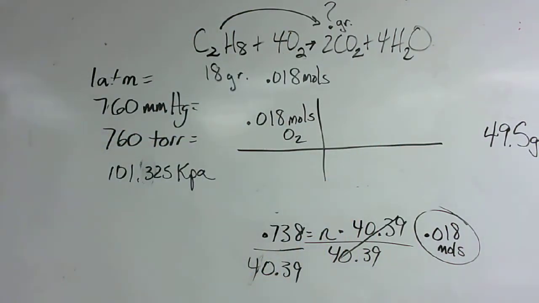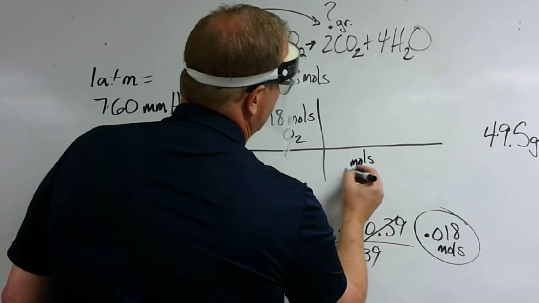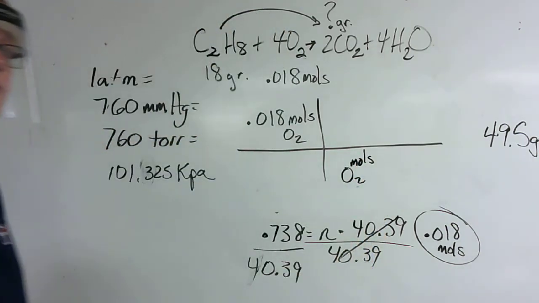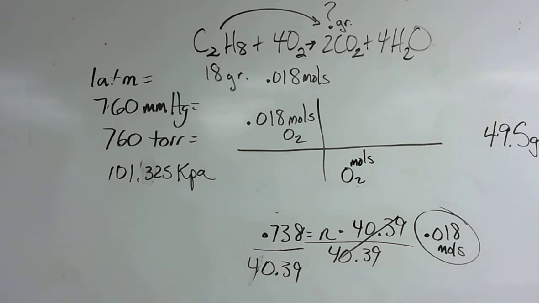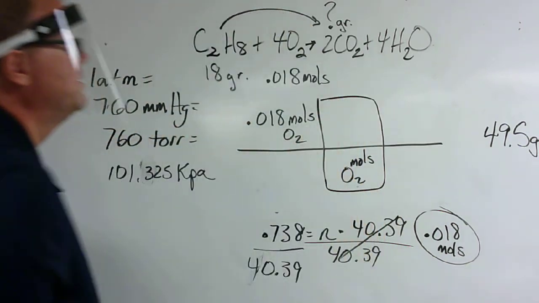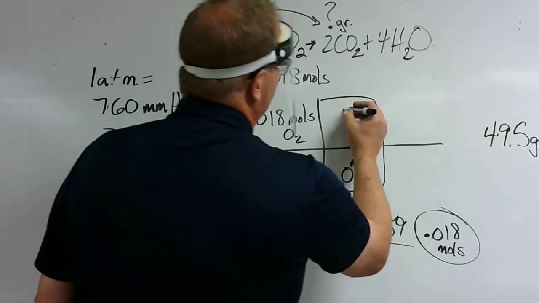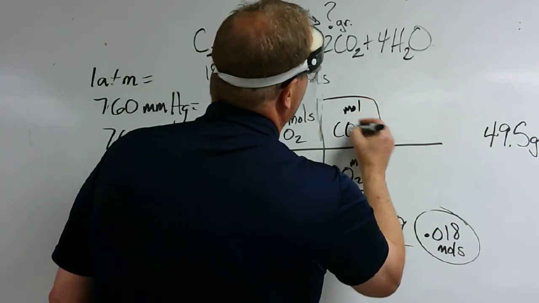What's going to go on the bottom? Moles. O2, right? What do we call that? Mole box. And I'm going to go over from here to here because it's my question mark.